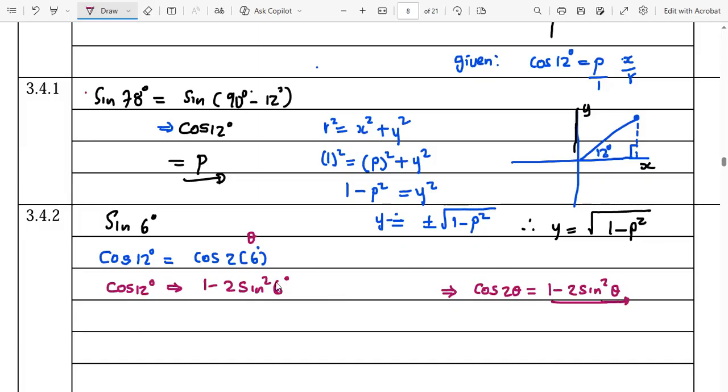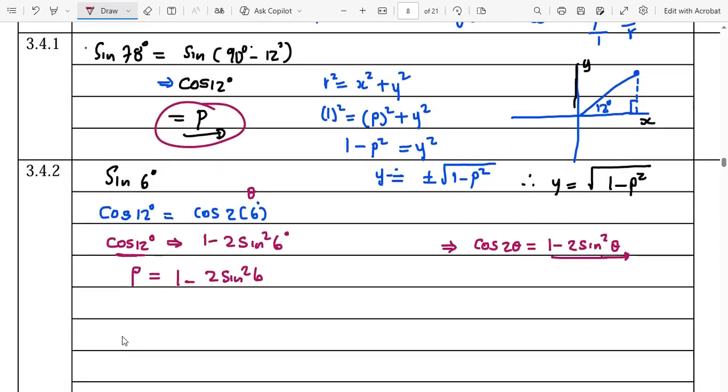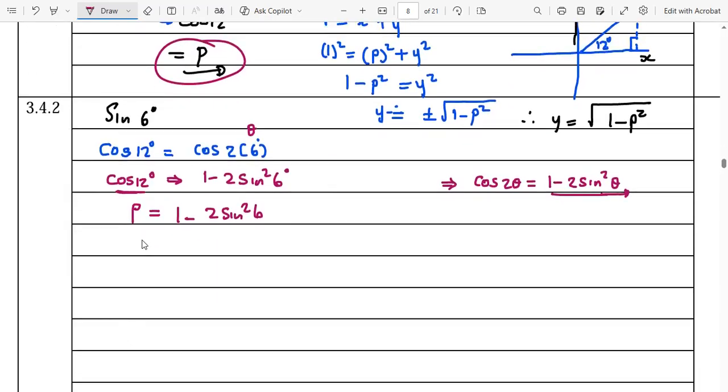So let's solve for sine 6. First things first, I know that the cos 12 is P. We just proved that the cos 12 is P. And then I still have 1 minus 2 sine squared 6. So let's bring the 1 to this side. This will give me P minus 1 equals minus 2 sine squared 6 degrees.